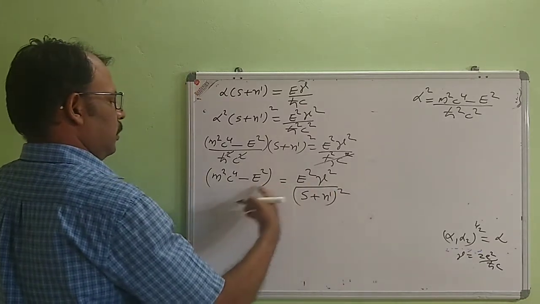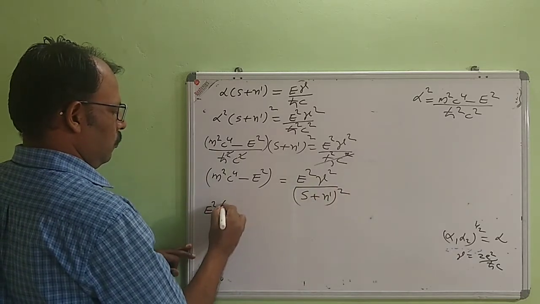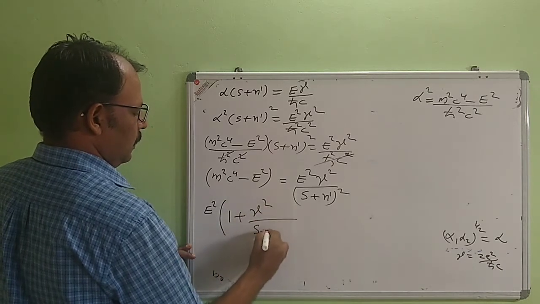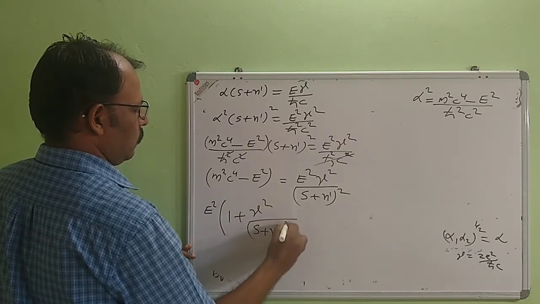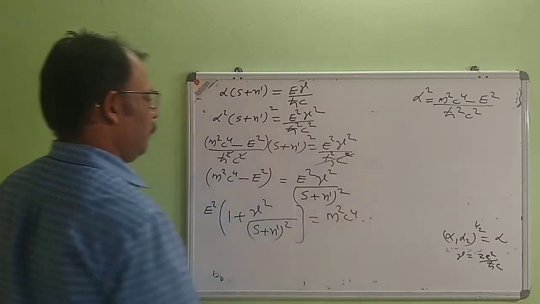Taking the term containing E square to the right hand side and taking common E square into 1 plus gamma square by s plus n dash the whole square is equal to m square c raised to 4.